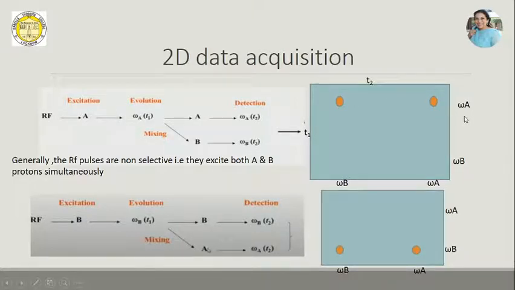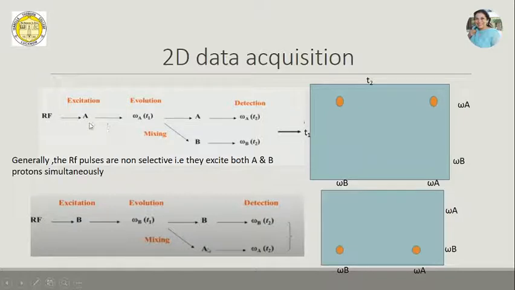Let us see here, on this axis omega A1, this gives us the first spot, and the second spot comes from omega A multiplied by omega B.